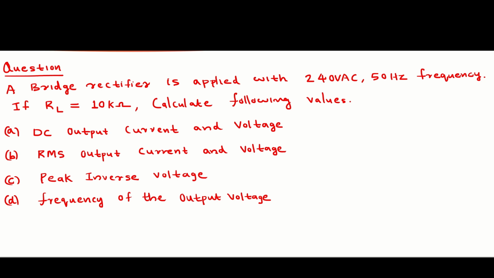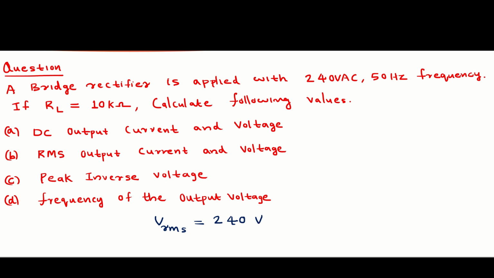So first we have to write the given values. The first value given is a bridge rectifier applied with a 240 volt AC voltage. So I can write this value as VRMS. The 240 volt is the VRMS value.